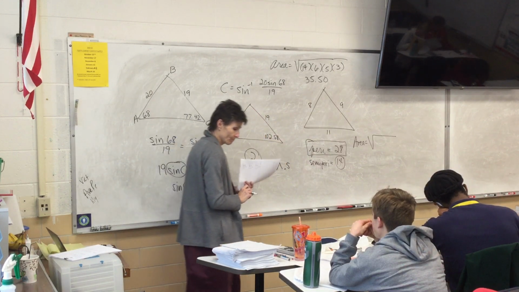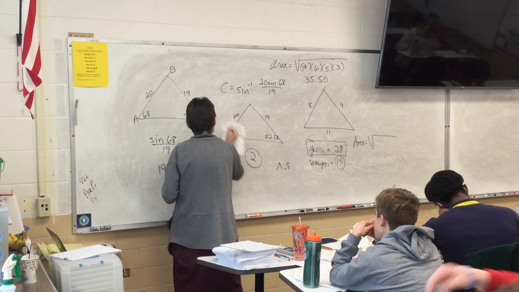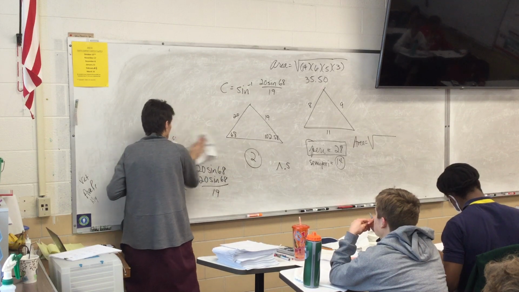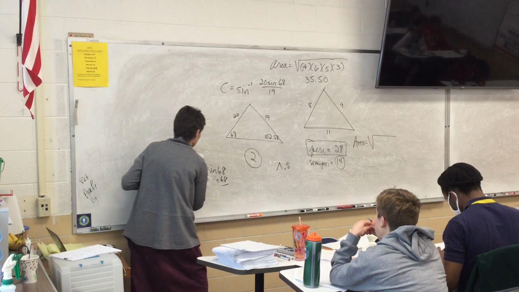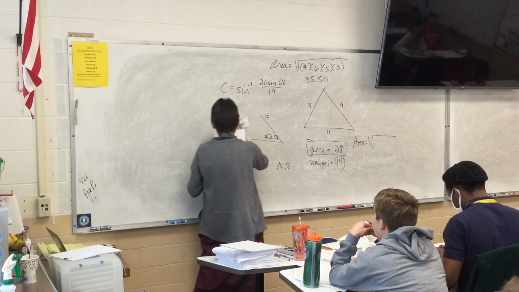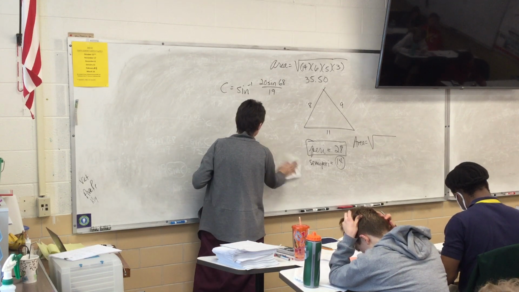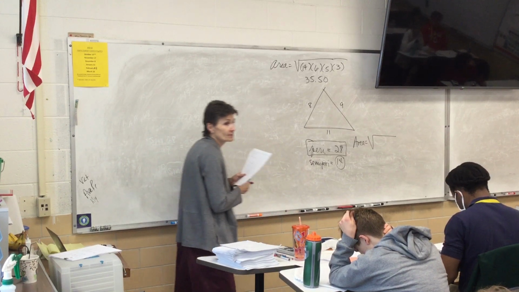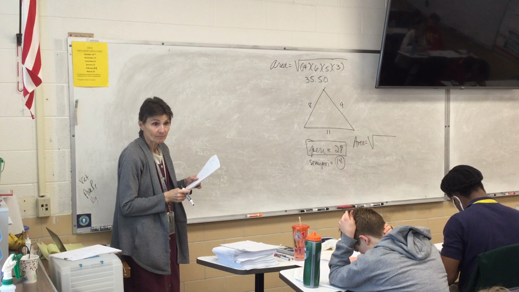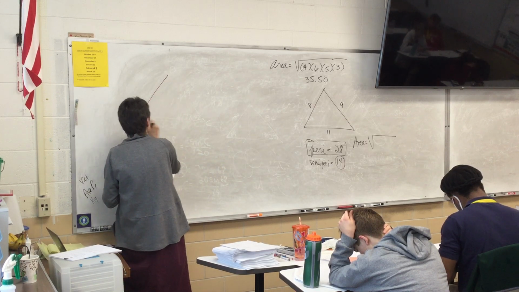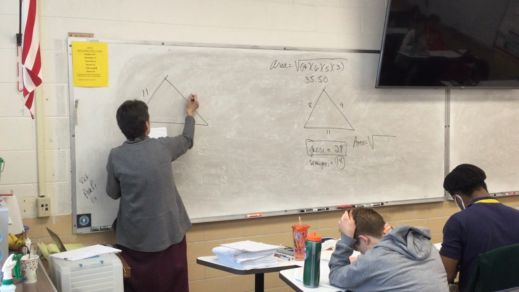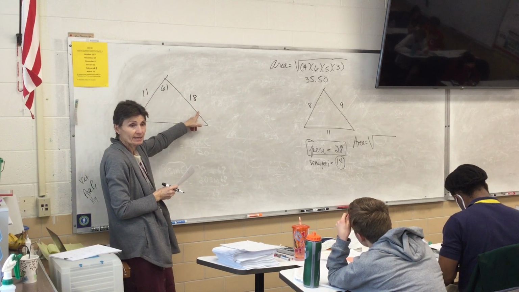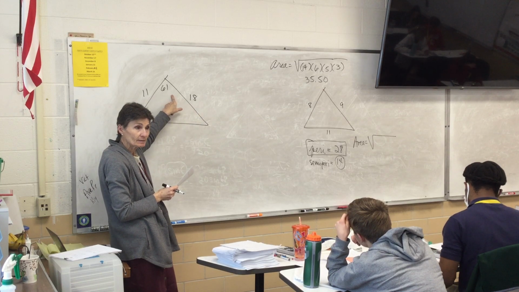Earlier today, we were using that 1/2 side side sine thing for area. Do any of the triangles that are left, A or B, look like they would work for 1/2 side side sine? Which one? B. Definitely, B will work. This is problem B. Because what do you have? Don't you have two sides and the angle between?